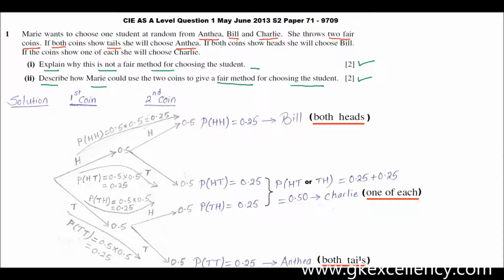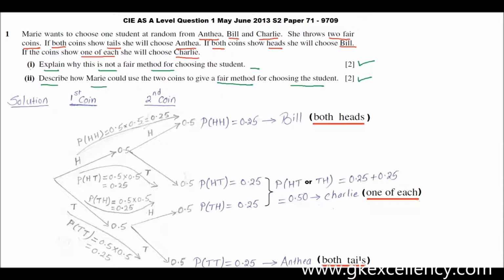If both are heads, she will choose Bill. And if the coins show one of each, she will choose Charlie. One of each means first head, second tail, or first tail and second head, either one.